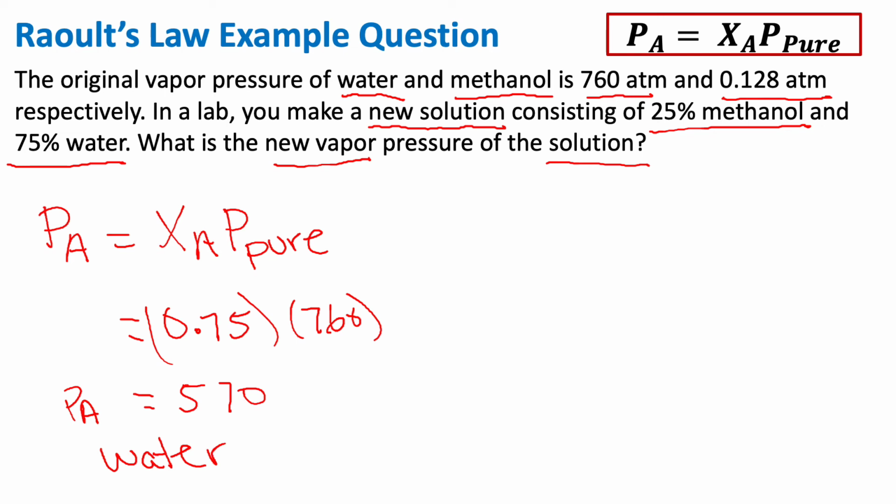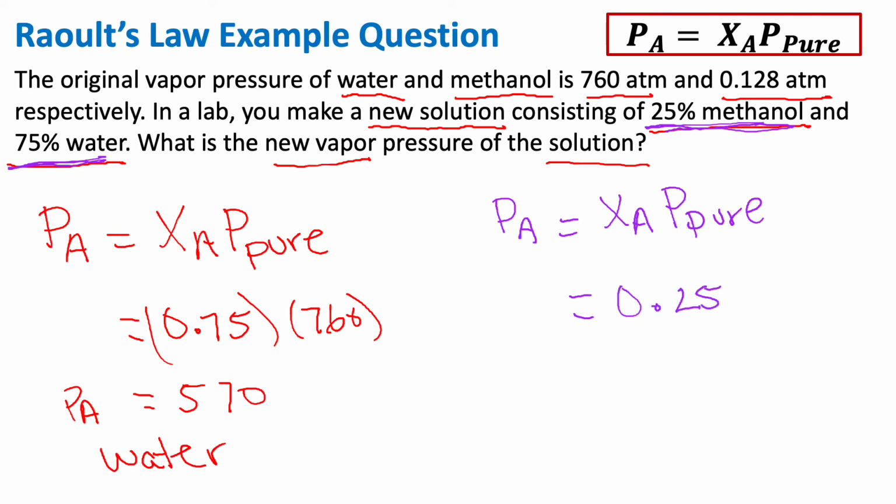Now let's determine what we're going to get for methanol. Now we're going to go PA equals XA times P pure. Now I want you to remember that we had 75% water and we had 25% methanol. So in this case, we're going to put 0.25 because we're talking about methanol in this question.